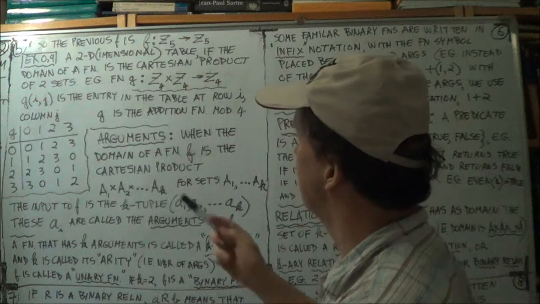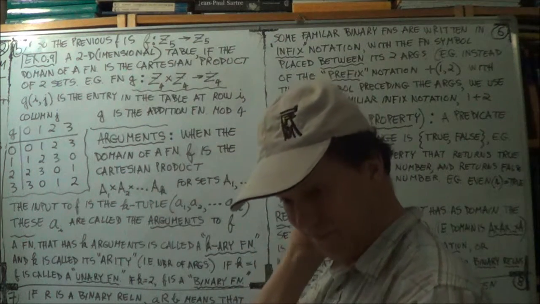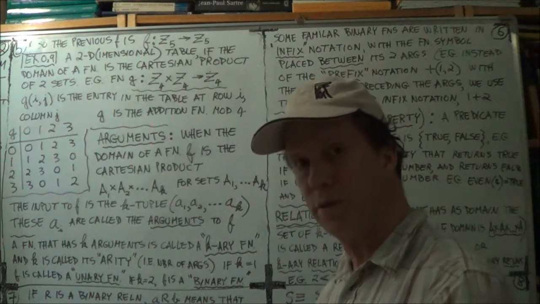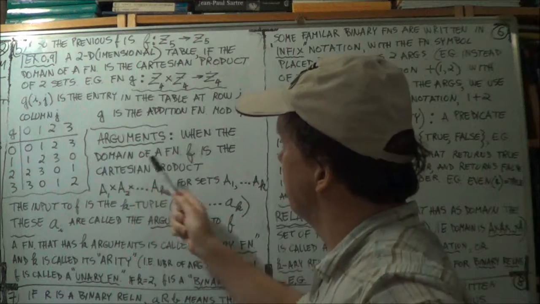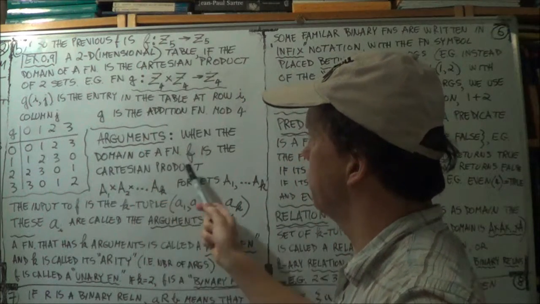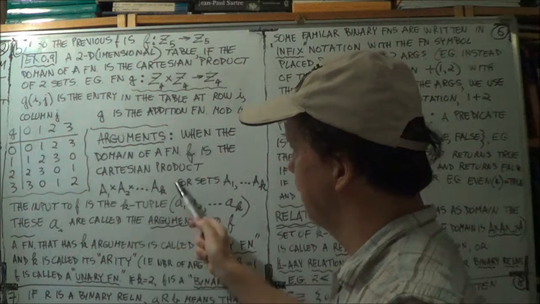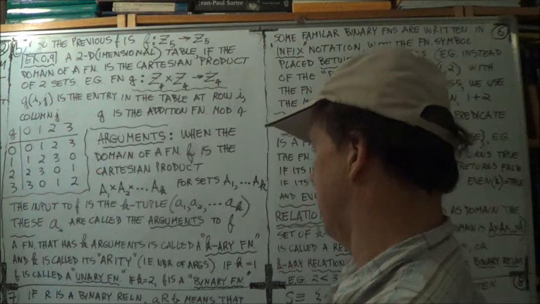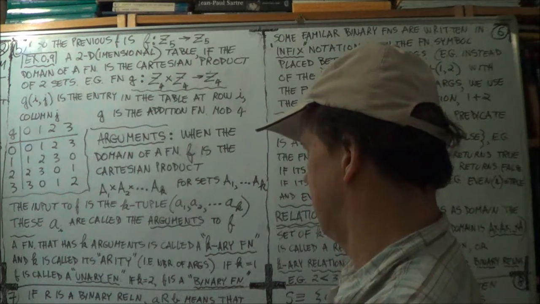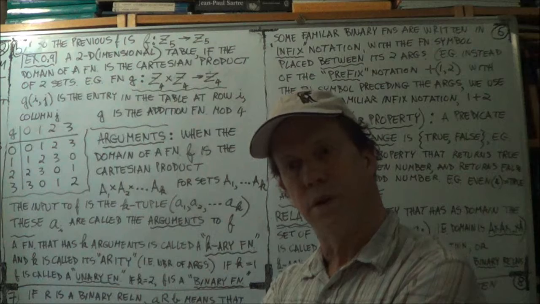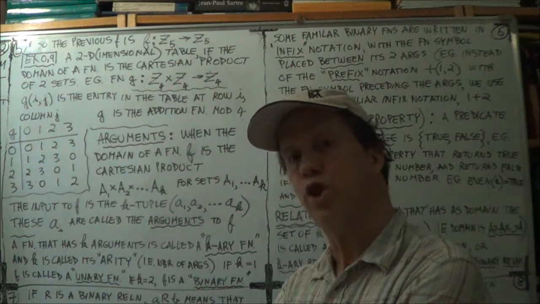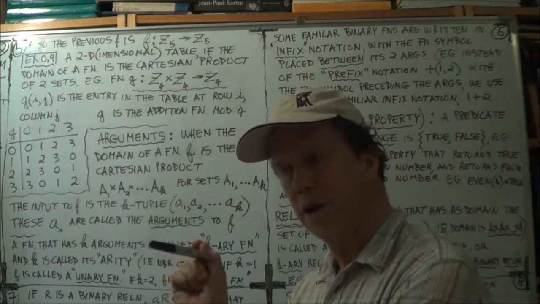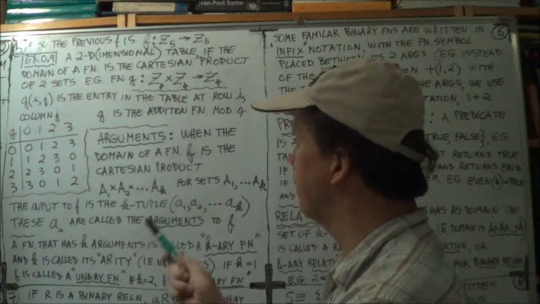So when the domain, remember that's the set of possible input values you can have, of a function is a Cartesian product like this, the input would then be an ordered list of k terms: little a1, comma, little a2, comma, dot dot dot, little ak.